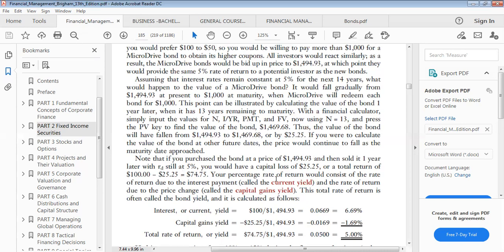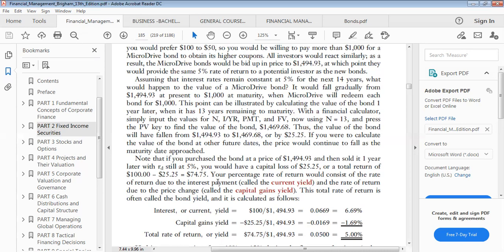Your percentage rate of return would consist of the rate of return due to the interest payment, which is called the current yield, and the rate of return due to the price change, which is called the capital gains yield. This total rate of return is often called the bond yield, and it is calculated as follows.